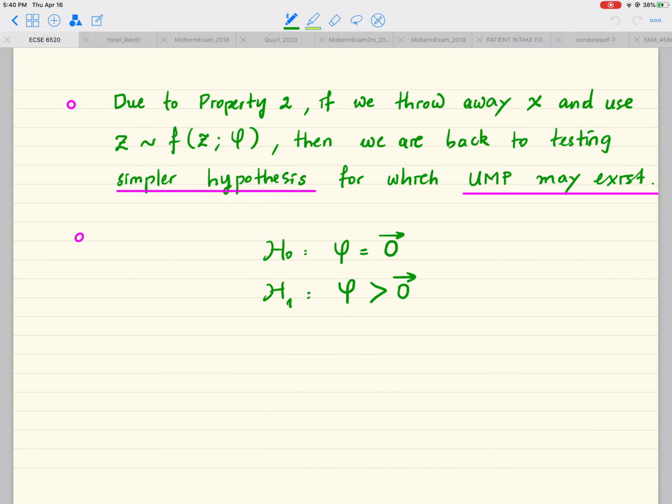In that case, of course, we are going to map everything to Z, and then redefine our hypothesis testing.